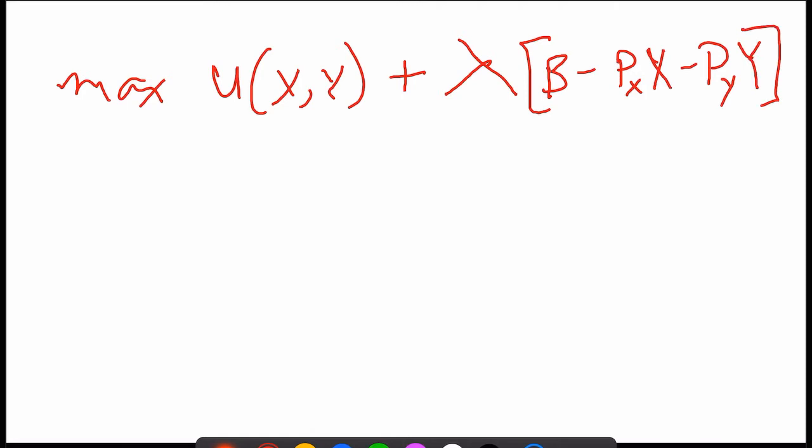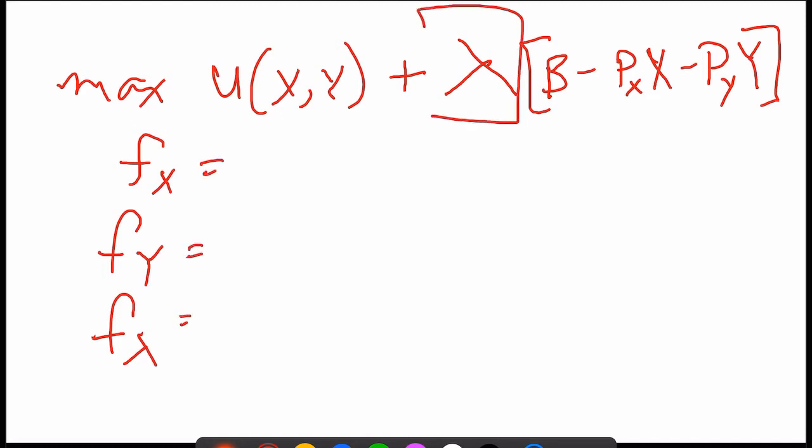And I'm going to write out an equation that looks like that. And then I'm going to find the partials of this. I'm going to find f of x, f of y, and f of lambda. And then when I build my Hessian, and I know this excites you to no end, I'm going to have to include lambda in the Hessian.